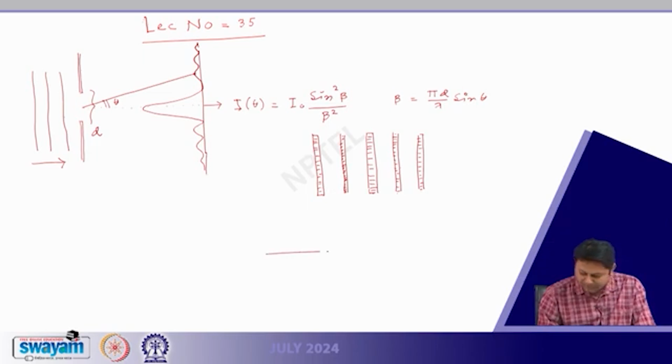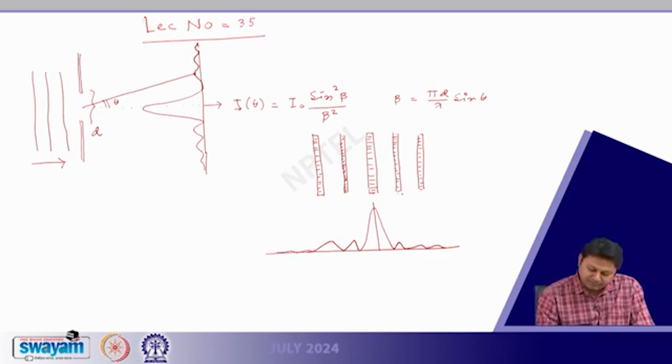If I draw the intensity distribution, it should be bright, then dark, then bright, dark, then bright with reducing intensity, like this and so on.